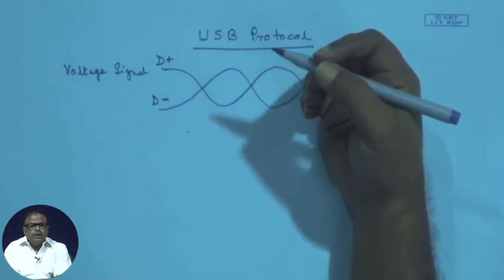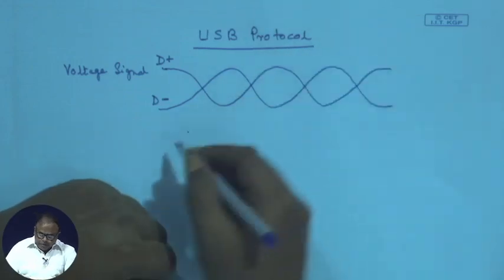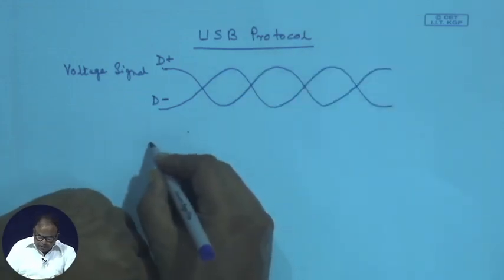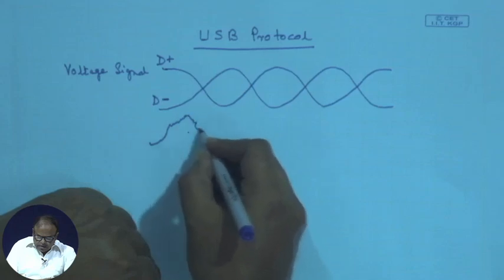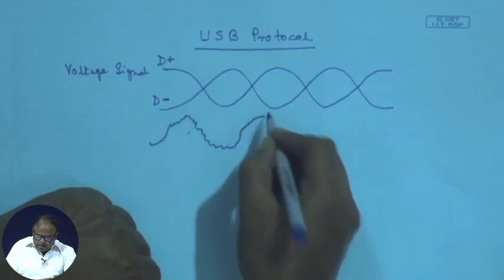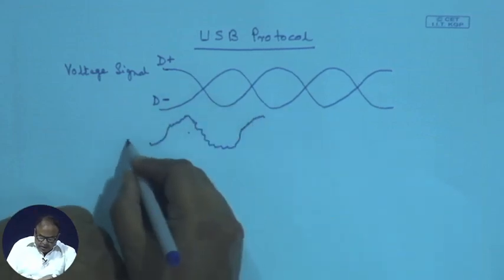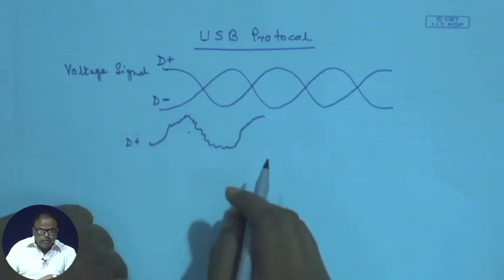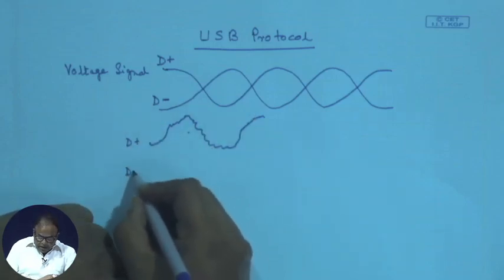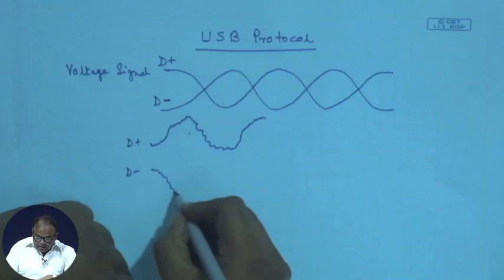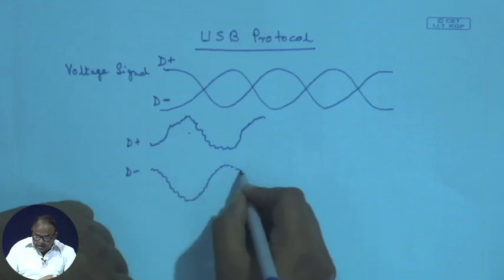The reason for doing that is, suppose I have got some data. Let me try to draw some data, and that is a D plus, say, analog data I am showing. And if there be another data, I am just sending it in the other phase.